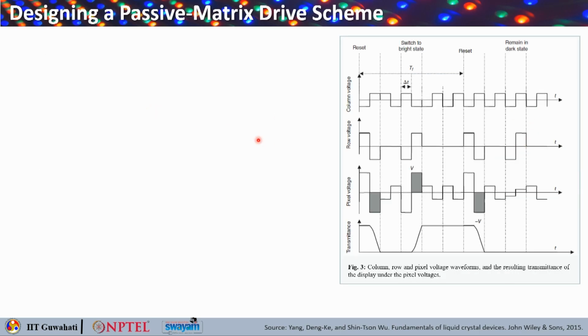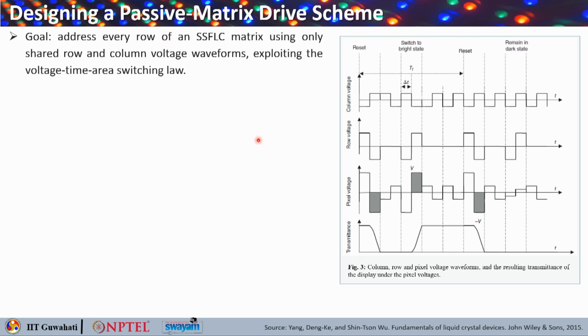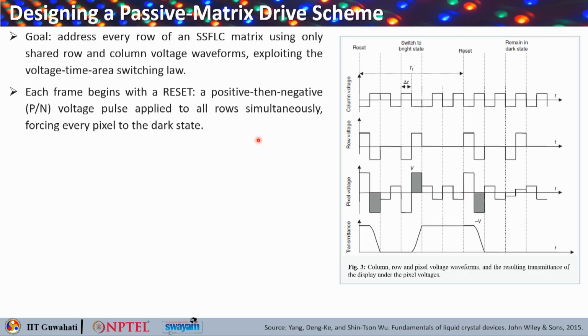Okay. Now, how do you design a passive matrix driving scheme? Okay. So the goal here is to address every row of an SSFLC matrix using only shared row and column waveforms, exploiting this voltage-time-area switching law. Okay. So each frame basically begins with a reset.